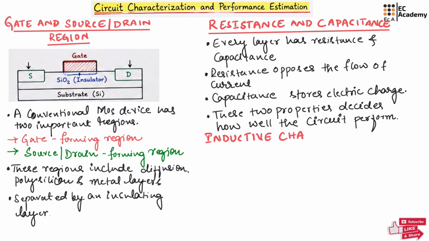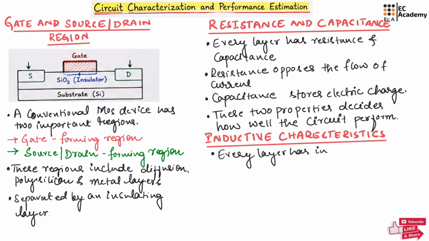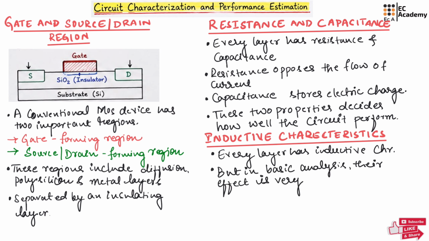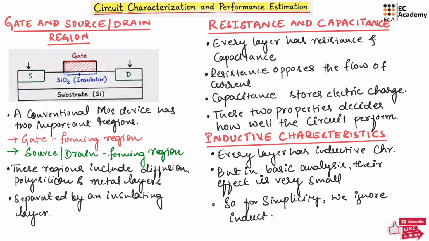Now let us understand the inductive characteristics. Every layer has inductive characteristics, but in basic circuit analysis, their effect is very small. So for simplicity, we ignore the inductance. This makes our calculations much easier.